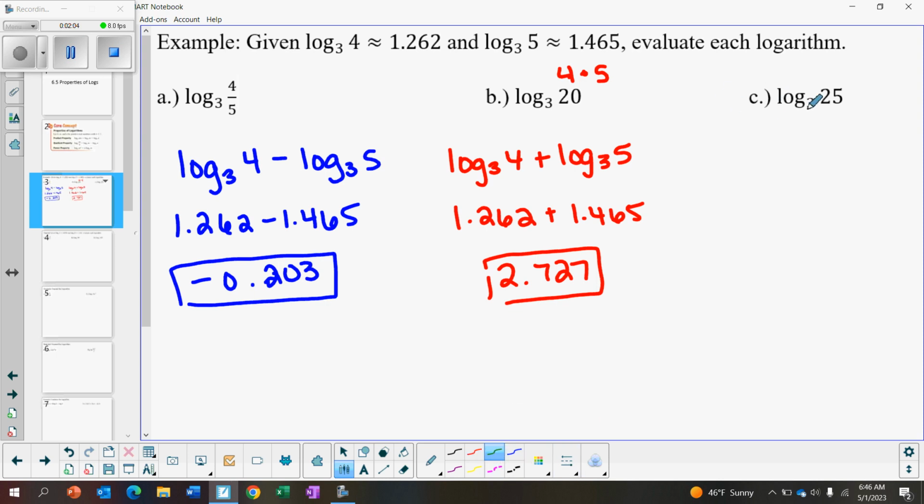For our third one, log base 3 of 25, I could rewrite that as 5 squared. And then bring the power in front of log base 3 of 5. So that's 2 times 1.465, which is 2.93.